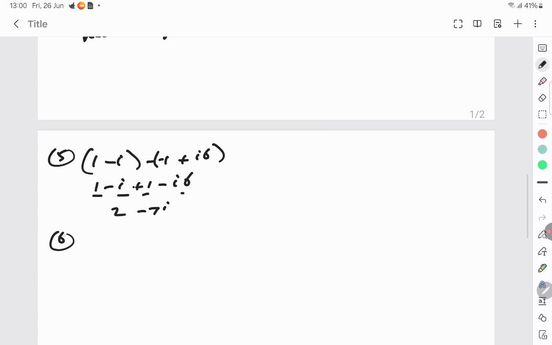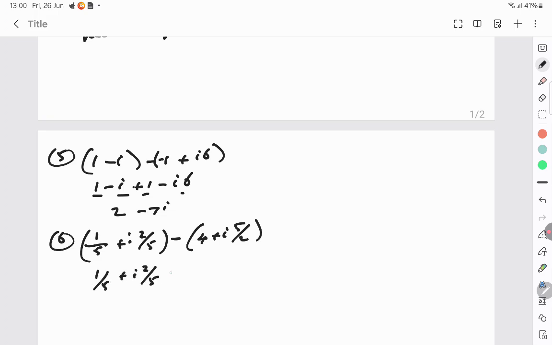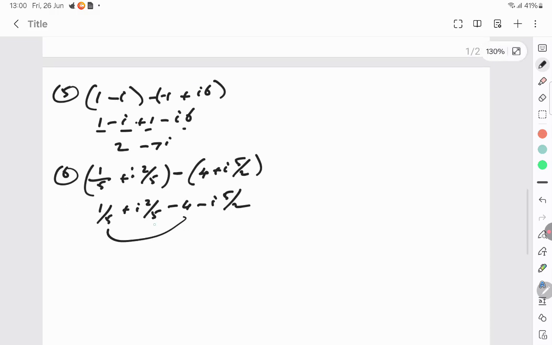Just open the bracket. 1 by 5 plus i into 2 by 5, minus 4 plus i into 5 by 2. Just open the bracket. Solve the real part, solve the imaginary part, and make sure you get the book answer. So similarly the seventh sum also. So I'm skipping the seventh sum. You can do it on your own.